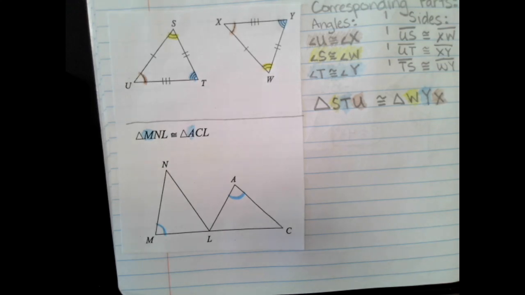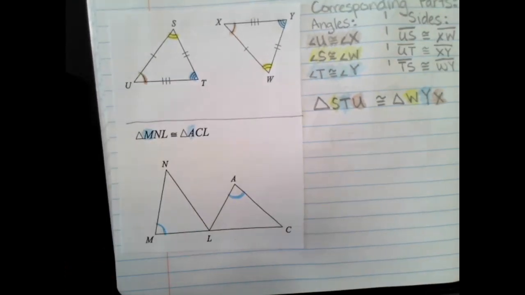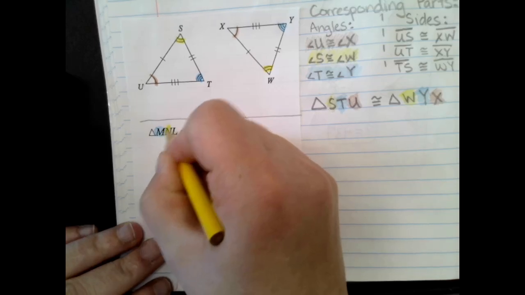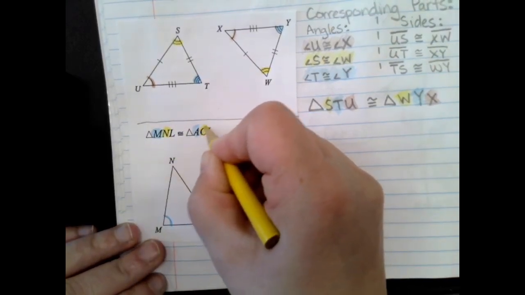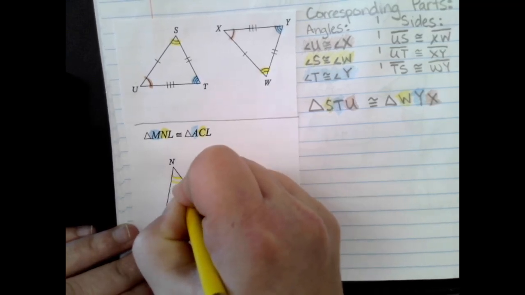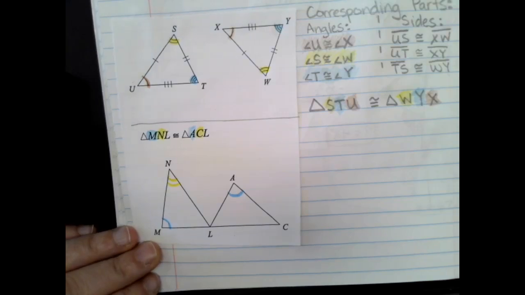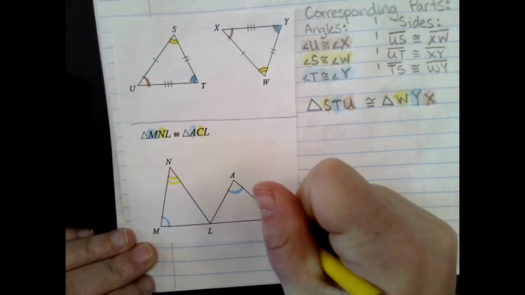Okay, what other angles are going to match? N and C. They're my middle letters. So I'm going to do 2 arcs here. They're not the same, so we need to differentiate how many arcs we're doing. So N goes with C.